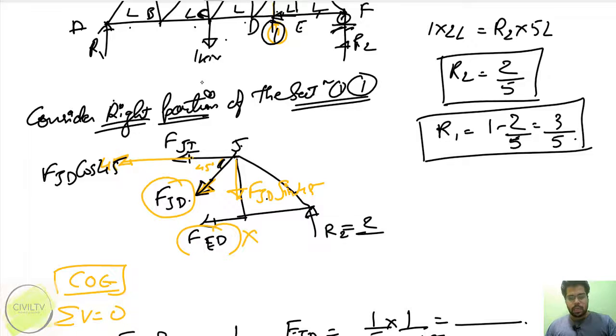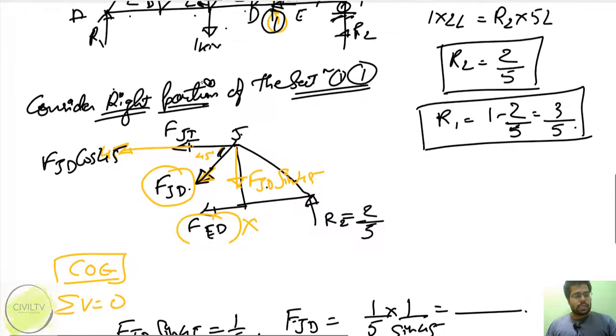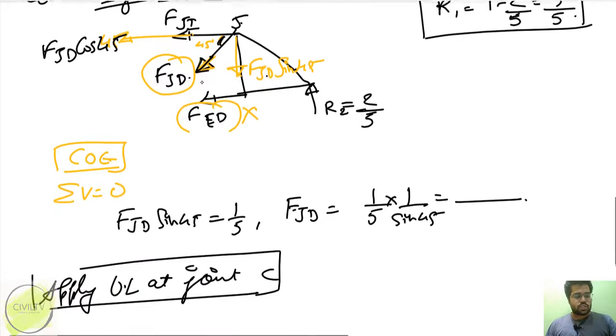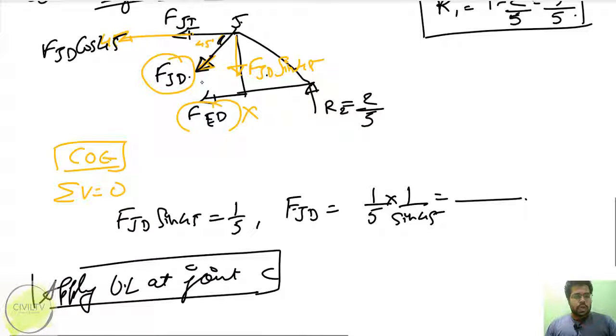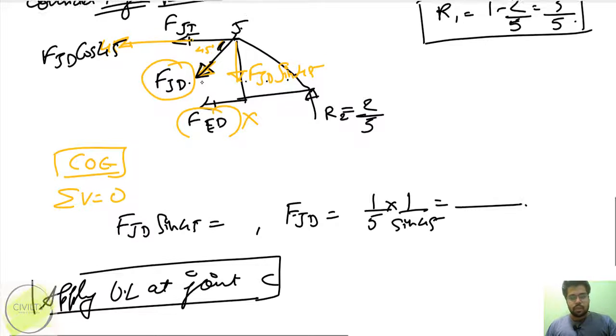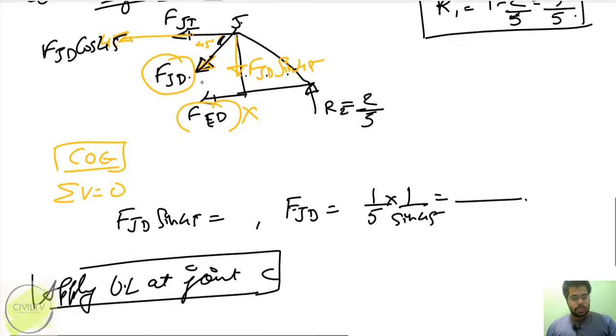2/5, राइट? 2/5। सो अगेन कंडीशन ऑफ इक्विलिब्रियम, समेशन वर्टिकल फोर्सेस इक्वल्स टू 0। सो अगेन FJD sin 45 equals to 1, instead of 1/5 it will be now 2/5, right?